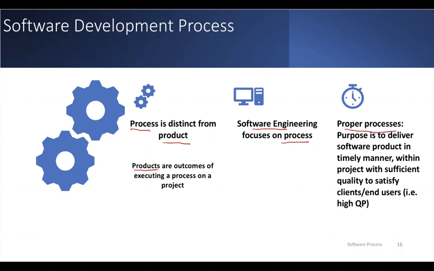Proper processes are those that are developed to deliver a software product in a timely manner, within budget, with sufficient quality to satisfy clients and end users. That means high quality and productivity.